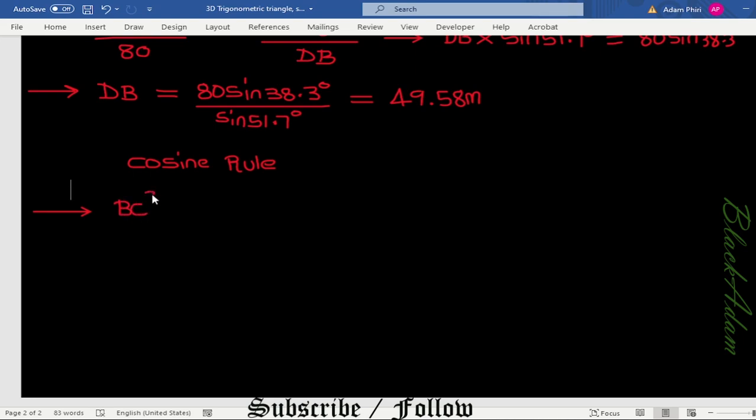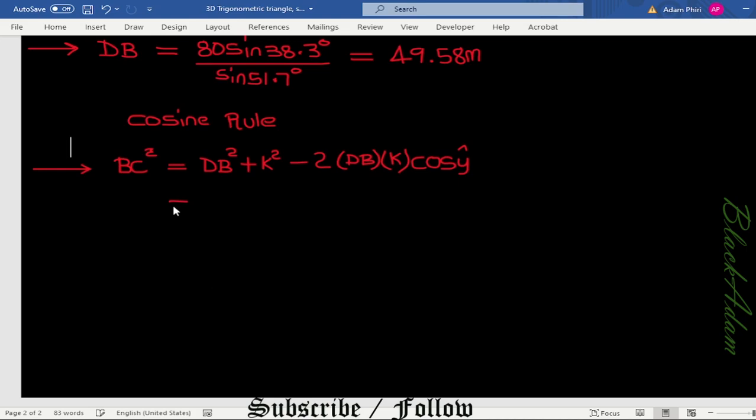We have BC squared is going to be dB squared plus k squared minus 2 dB bracket k cos y. Alright, so cos y.